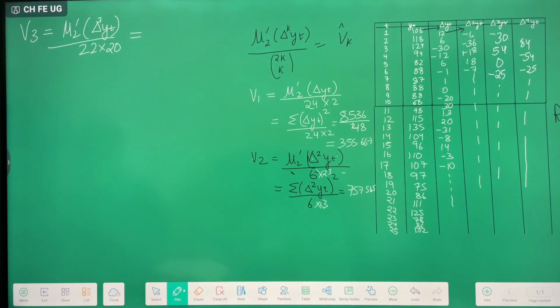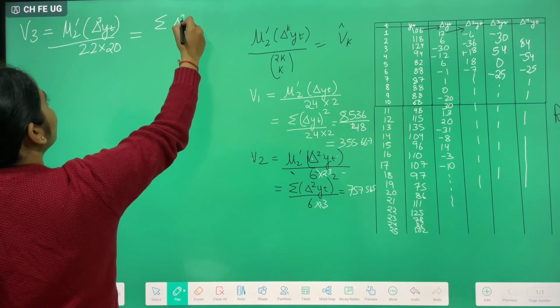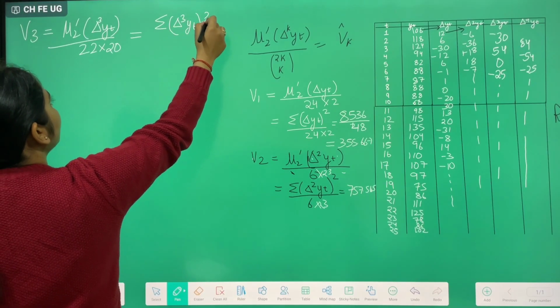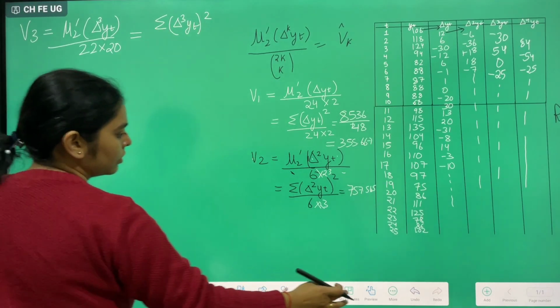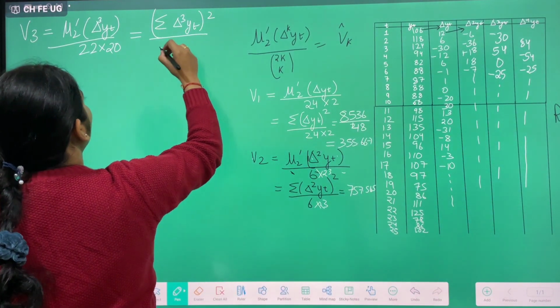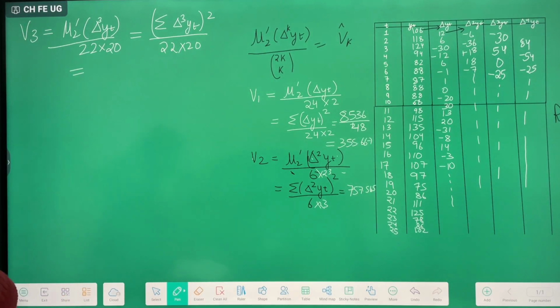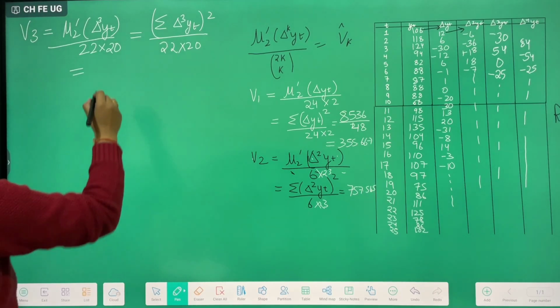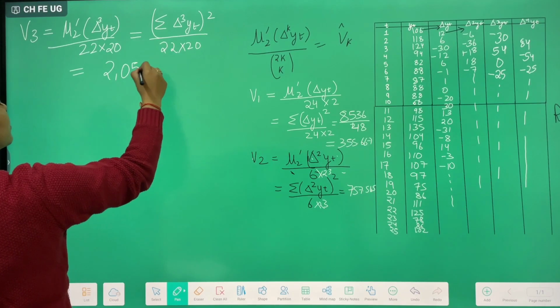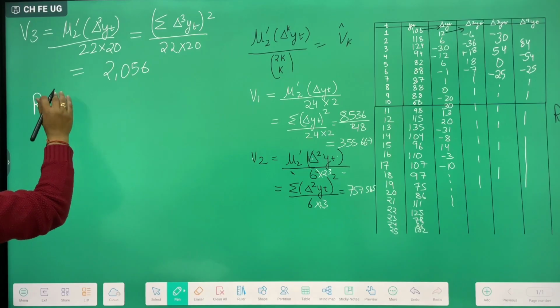So this would be nothing but summation of delta cube yt whole square upon 22 into 20, which comes out to be 2056. This is the V3.